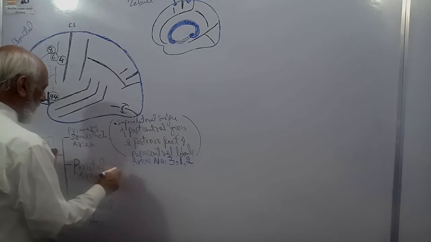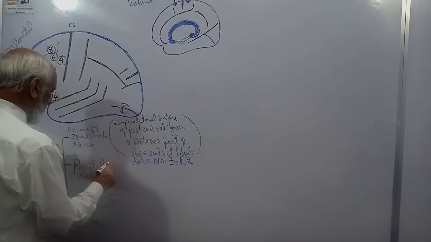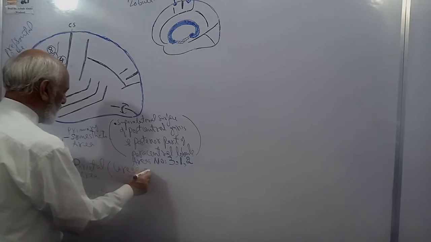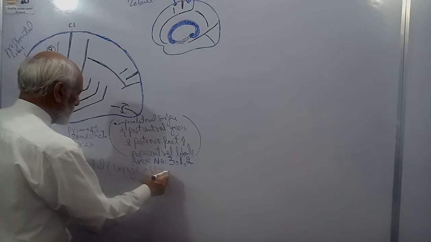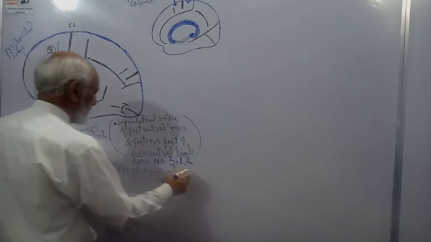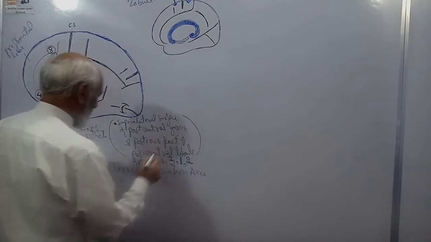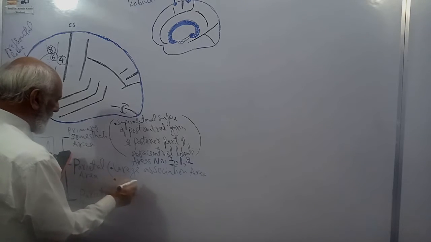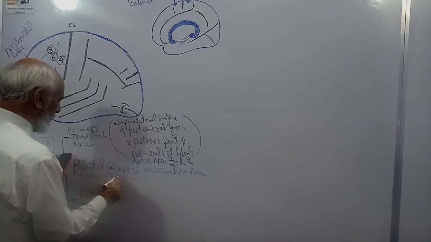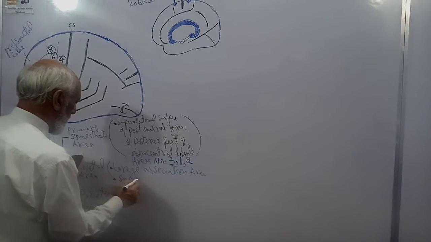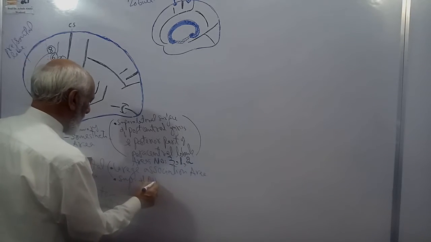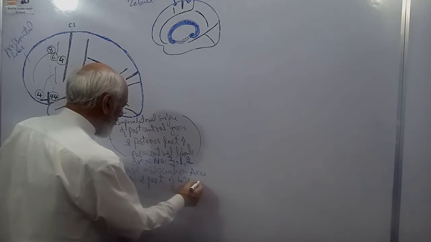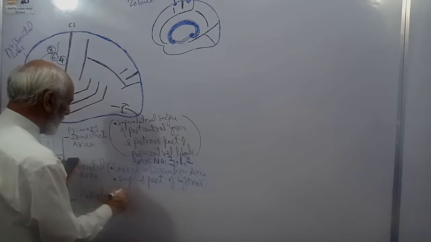Then parietal area, it is one of the large association areas. That is superior and part of inferior parietal lobules.